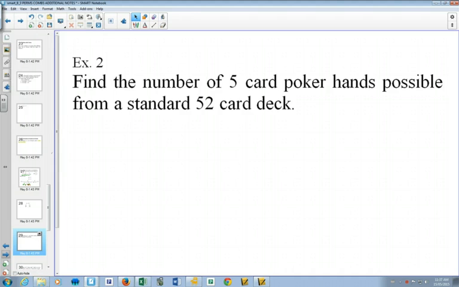So a very common combination question is playing poker. Because when you're playing poker, you get dealt 5 cards, but the order doesn't matter. As soon as you get dealt those cards, you can rearrange them in your hand. It doesn't matter if you got the ace of hearts first or the ace of hearts later on in the hand. So if we want to figure out how many different poker hands are possible, there's 52 cards.